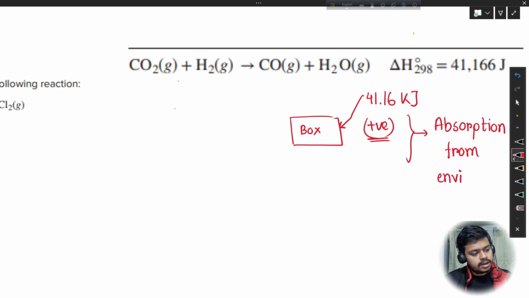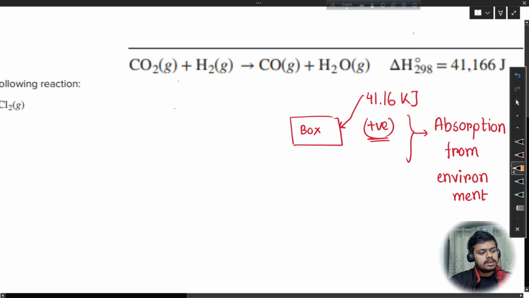Evidently, with the negative term, what are we going to associate? With the negative term, we associate that heat is being emitted into the environment. So with the positive term we associate absorption of heat from the environment, and with the negative term we associate the emission of heat into the environment.